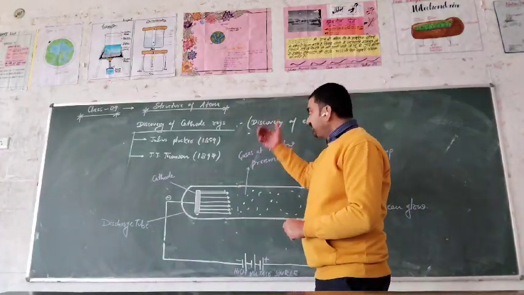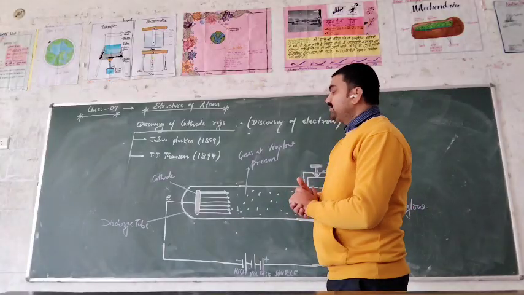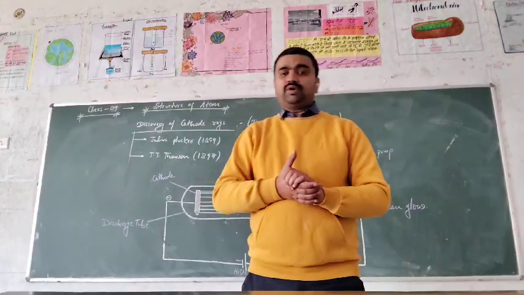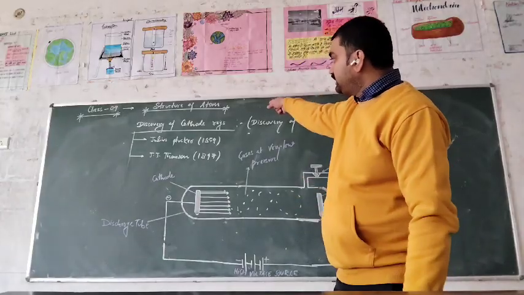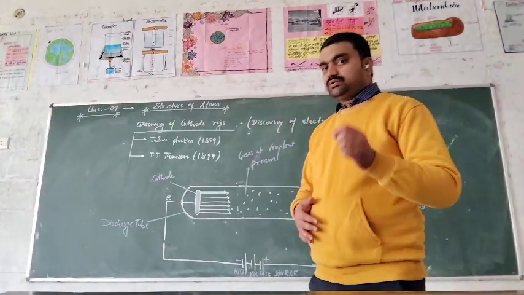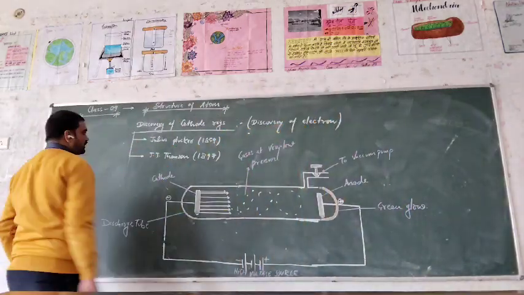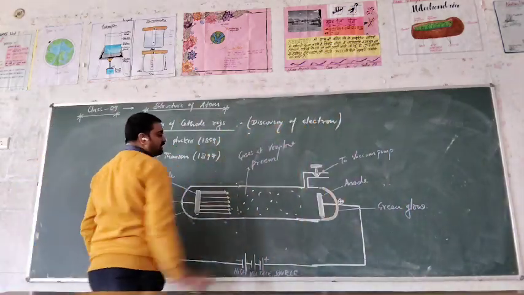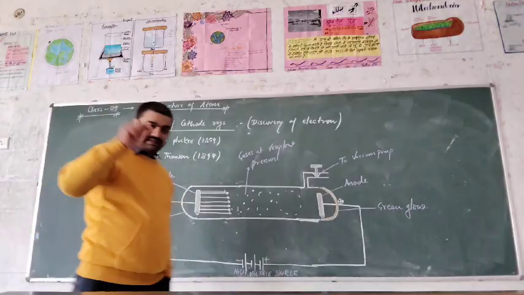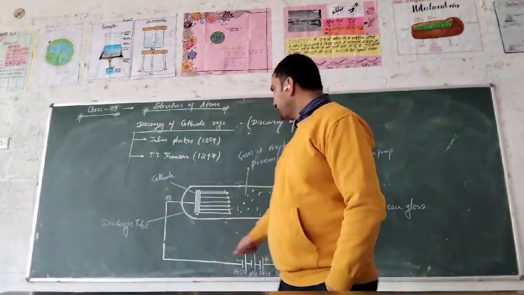Here we have to discuss how the electron was discovered, and for this we have to study the discovery of cathode rays. Clear? So I have just cleared why there is a need to study the discovery of cathode rays, because we have to explain the discovery of electron, and this electron is the fundamental particle of atom.